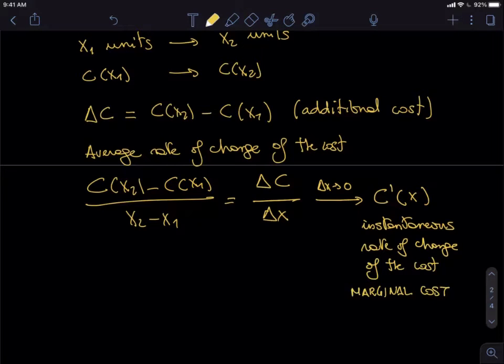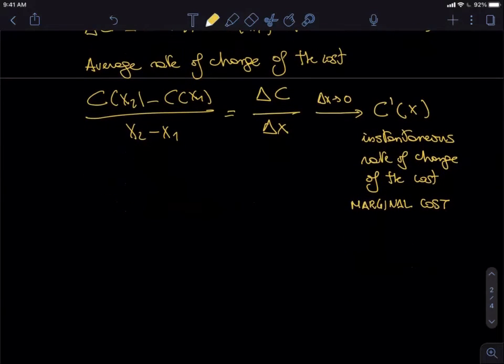This is what in economics is called the marginal cost. You may object here that the increment of x may not be as small as going to 0. Given a particular problem, it may make no sense, but delta x could be small compared to x itself.